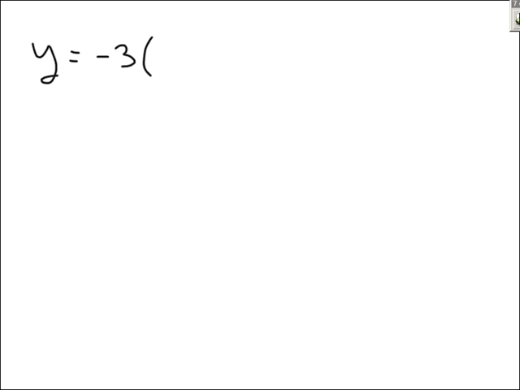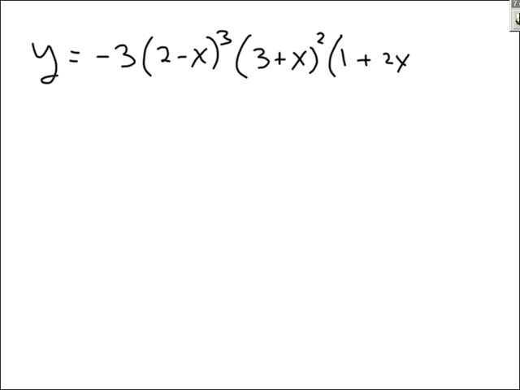Negative 3 times (2 minus x) to the third power times (3 plus x) to the second power times (1 plus 2x) to the fourth power times (3 minus 4x) to an even power.